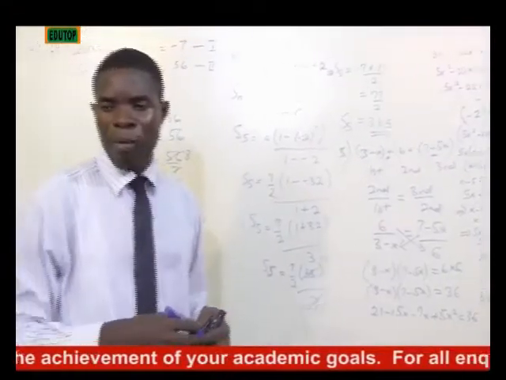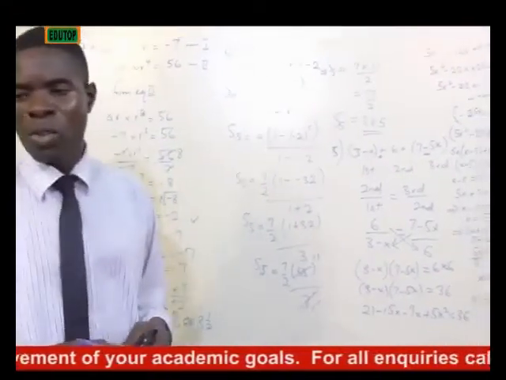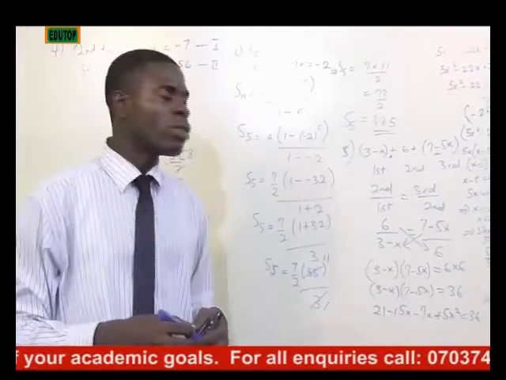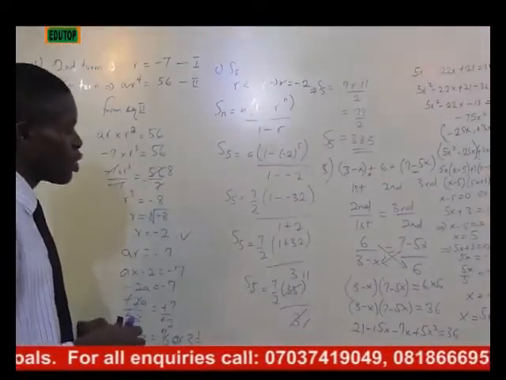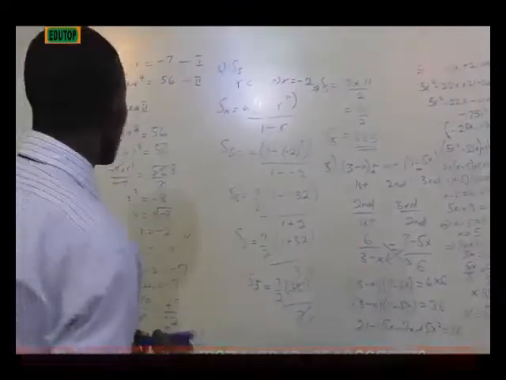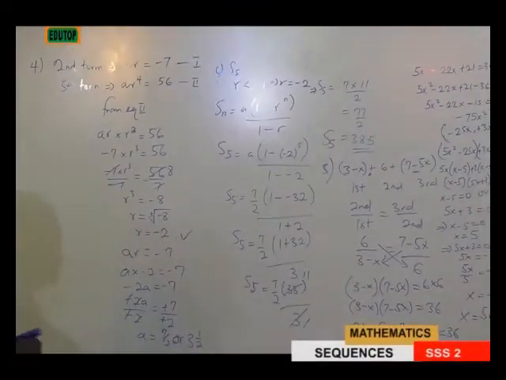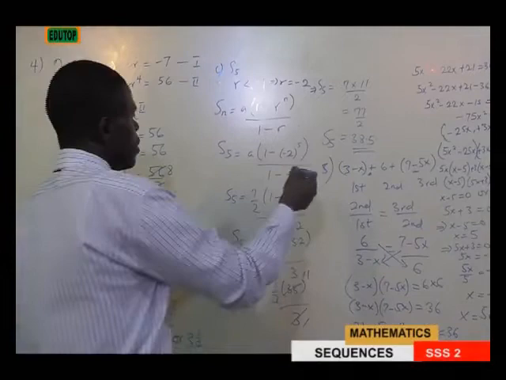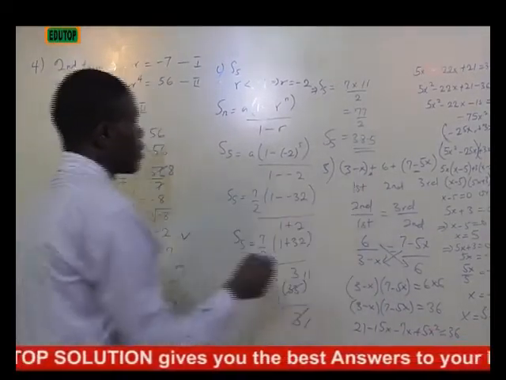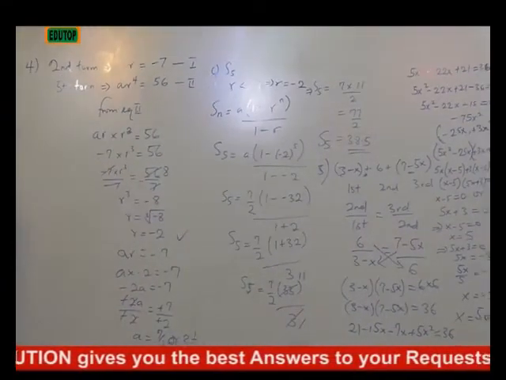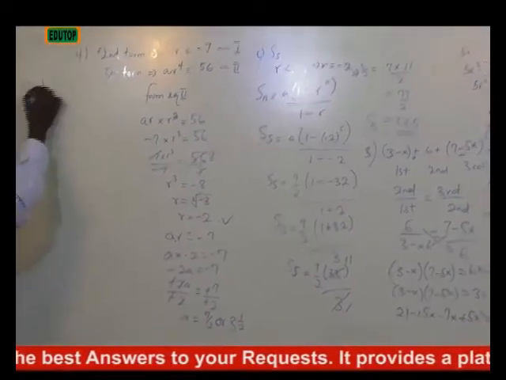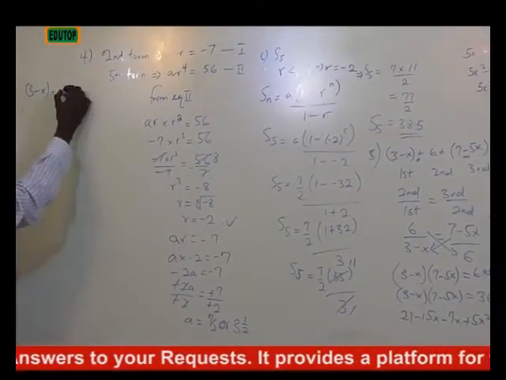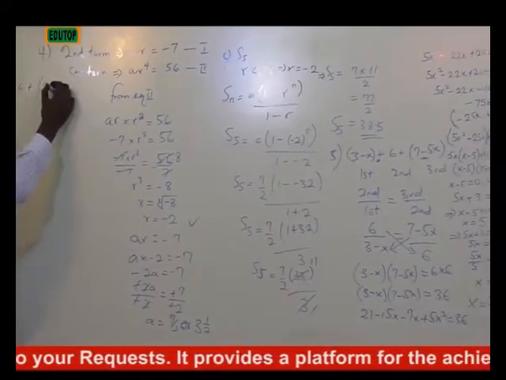The question still moves further to ask us to determine the common ratio. So if we want to determine the common ratio, since we know the value of x, we go back to the series, and this is the series: 3 minus x plus 6 plus 7 minus 5x.